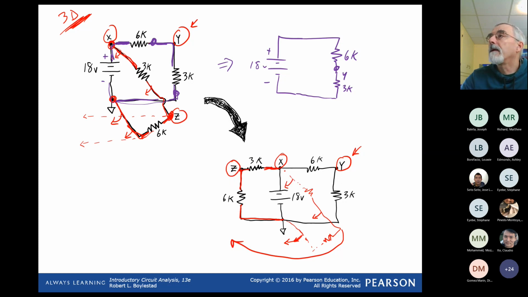and I see here that at the positive, I go to 3K, this 3K, and at this point, I actually go to Z. And after Z is a 6K.